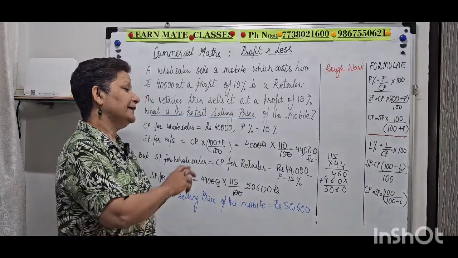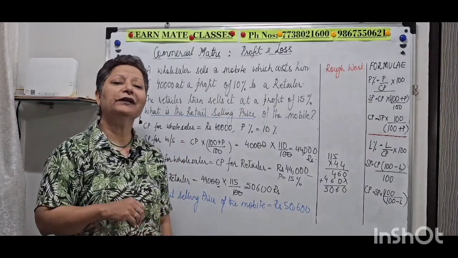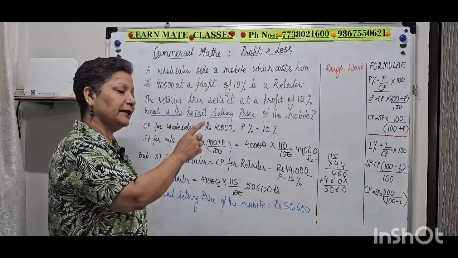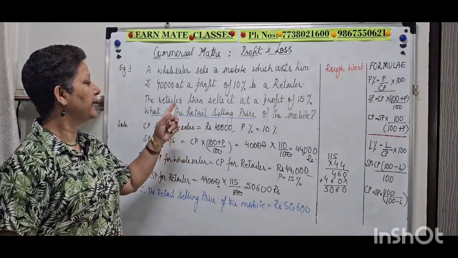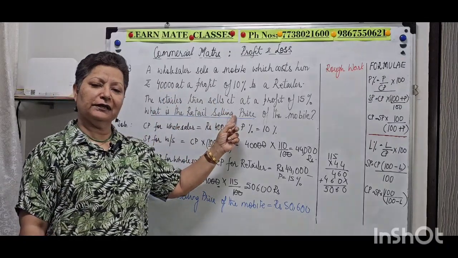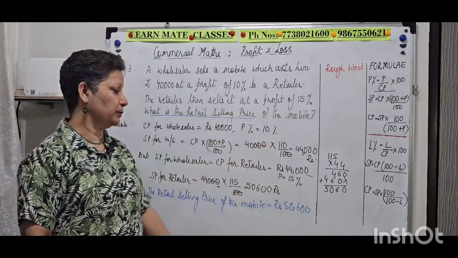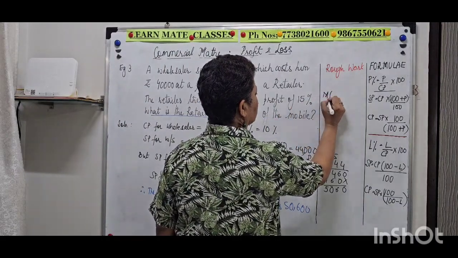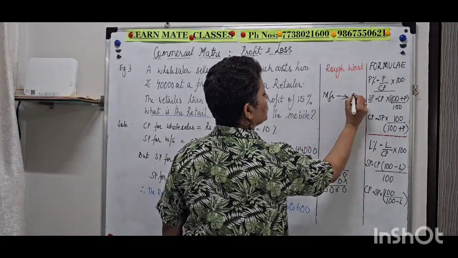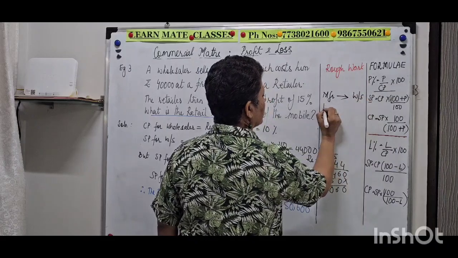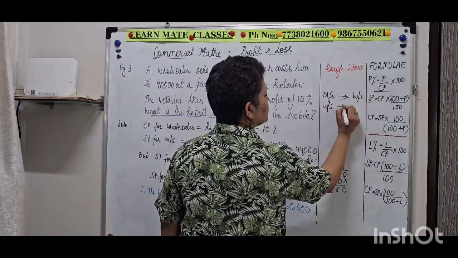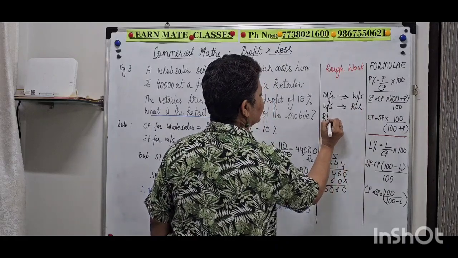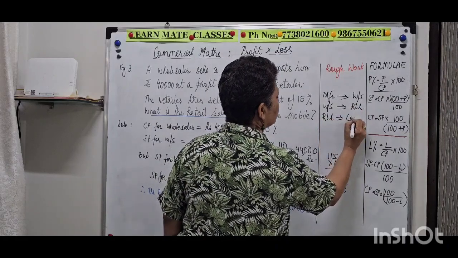This method, the second method which I have told you, is applicable when there is only a series of two transactions. Like from here, I had from the wholesaler to the retailer and from the retailer to the consumer. Suppose I had from the manufacturer to the wholesaler, from the wholesaler to the retailer, from the retailer to the consumer.